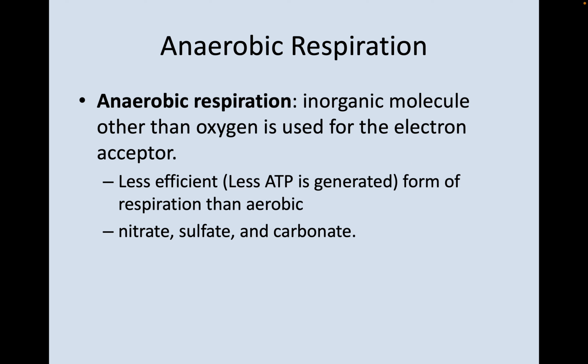But oxygen isn't always available to microbes. So anaerobic respiration is when an inorganic molecule other than oxygen is used for the final electron acceptor. It's less efficient than aerobic respiration. Less ATP is generated from respiration that's not aerobic. But some other electron acceptors that are used might be nitrate, sulfate, or carbonate.